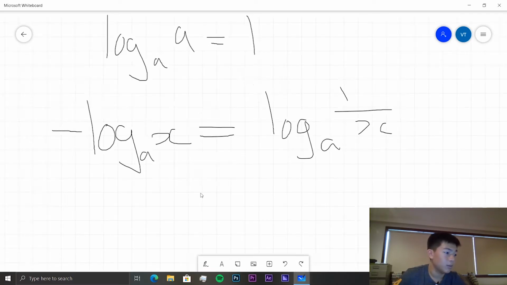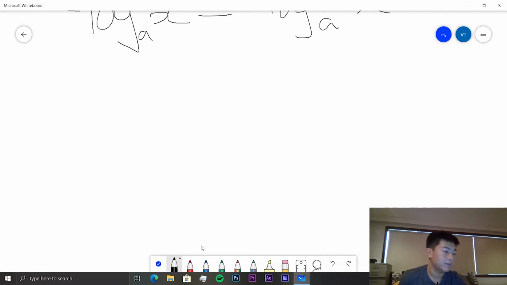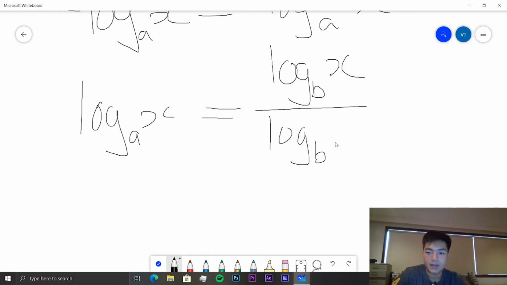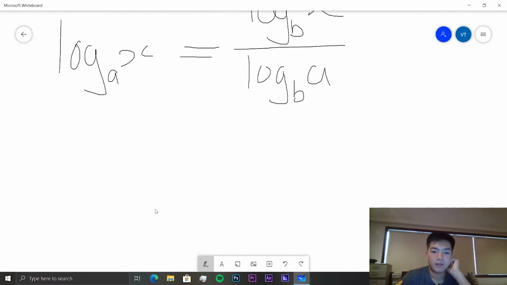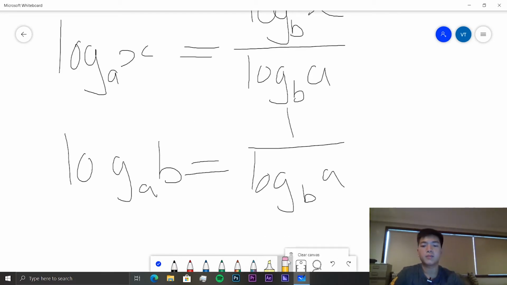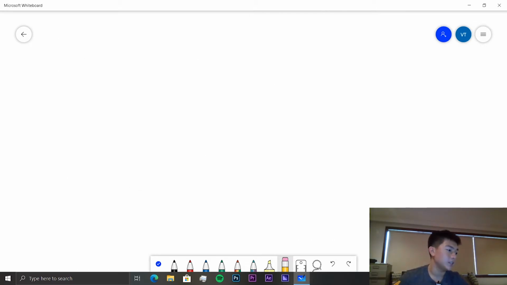And finally, one more useful property is that log a of x can be split into two separate logarithms, both with the same base, any base b, divided by each other. Following this, log a of b is equal to 1 over log b of a. So those are the properties we need to know, and now we can use them to solve some problems. So let's jump into some problems.